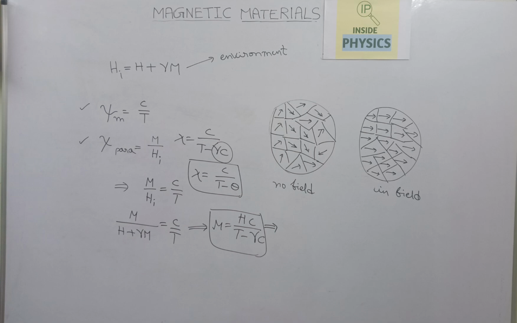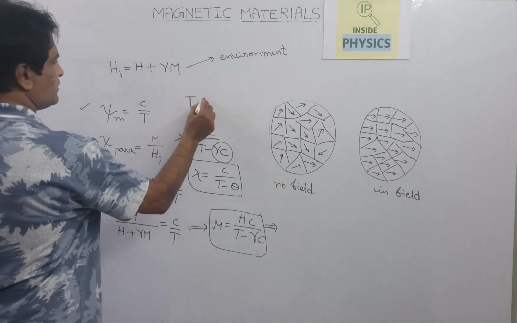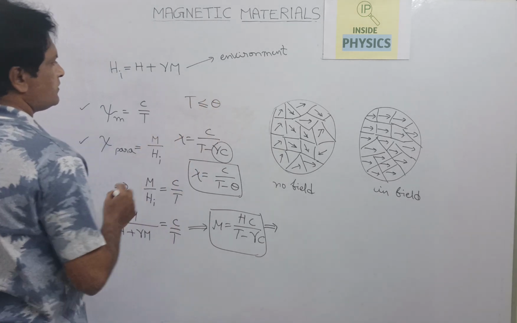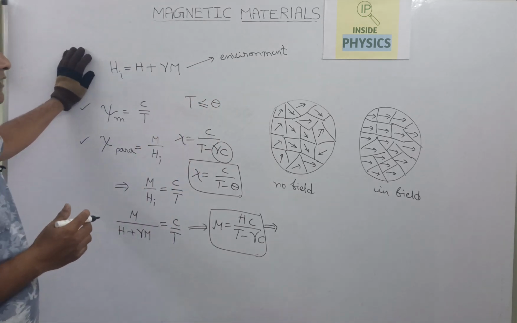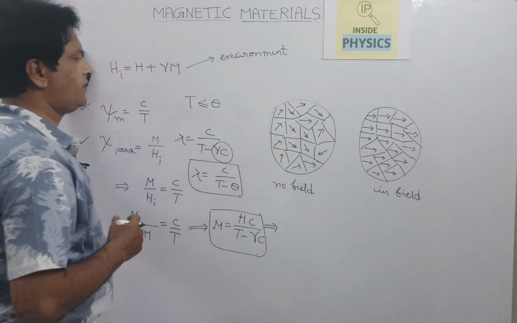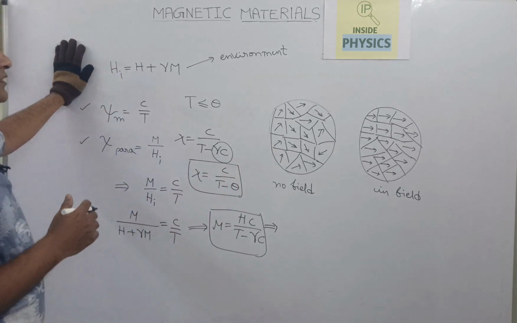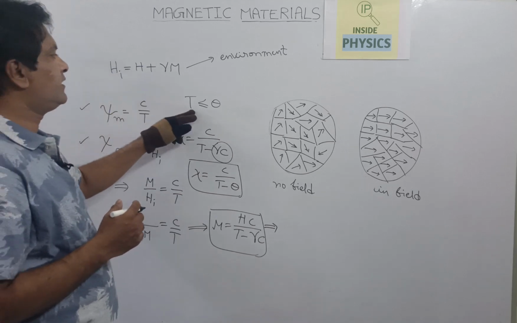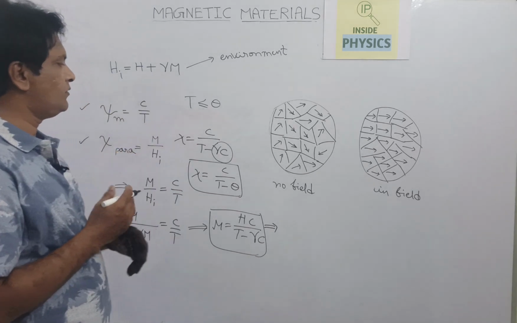So if the temperature is less than or equal to theta, what happens? The spontaneous magnetization decreases when T is less than or equal to theta, and it reaches saturation at T equal to theta.